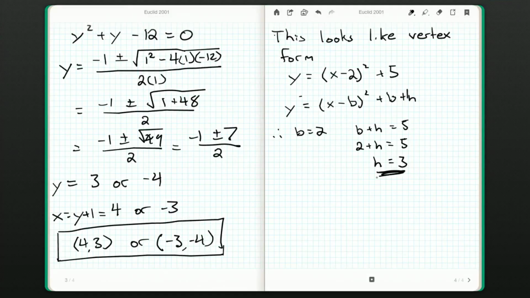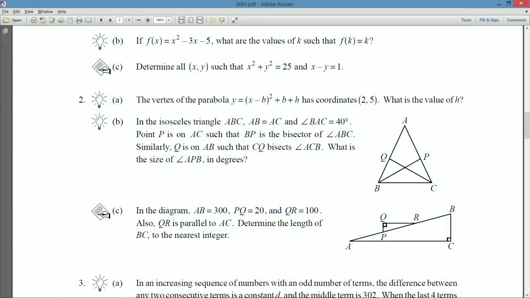Okay. So let's take a look at B, 2b. In the isosceles triangle ABC, pictured over here, AB is equal to AC. So we know which angles are equal to make it an isosceles triangle. And we know that angle BAC, the angle at A, is equal to 40 degrees.